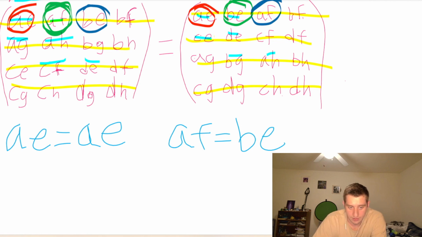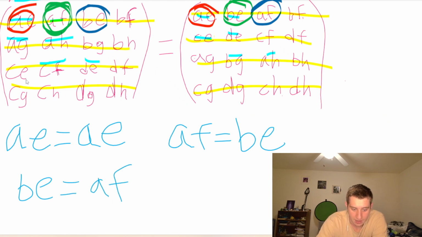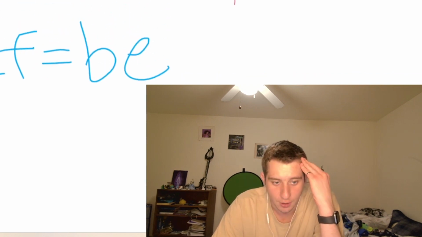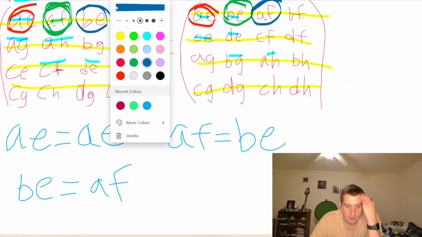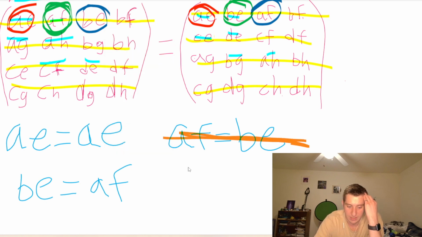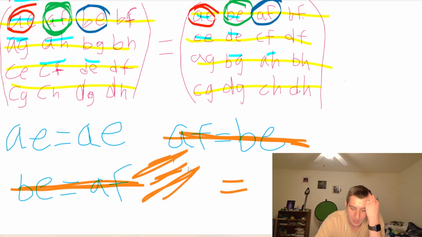Writing that out again, we have BE equals AF. But now we run into something interesting, folks, because it's already been said that AF equals BE. So now we're saying BE equals AF. Same thing. They're equal to each other.